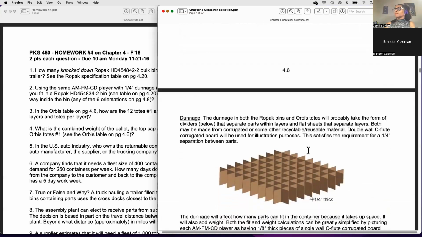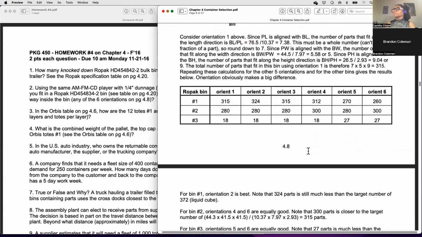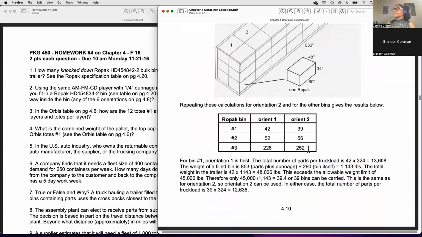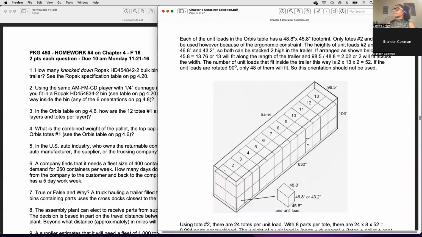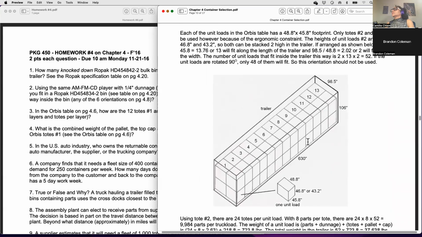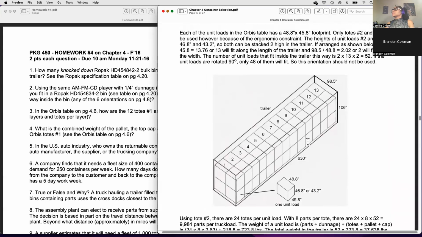So that's where that came from, and that's how we know what that height is. You can see those can be stacked too high in a trailer, because if you're going to 46.8 times 2, that's going to be less than 110.